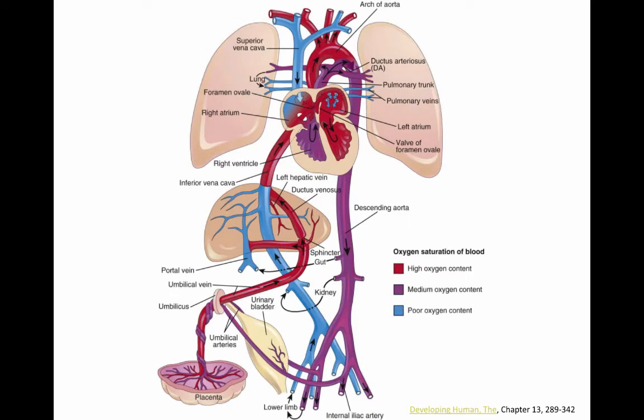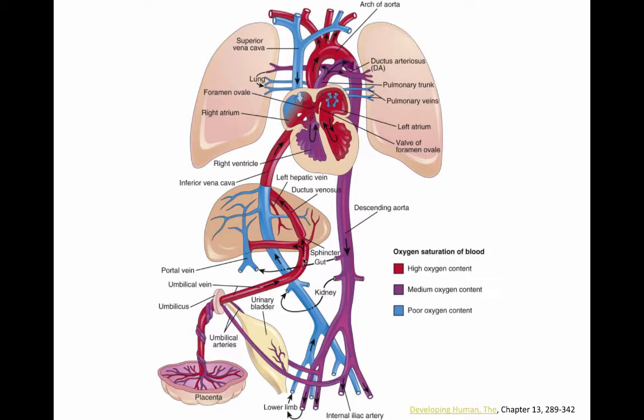umbilical arteries. As we look at this, here's the umbilical arteries. Here it'll go back to the placenta, pick up oxygen from our blood exchange from the mother. And so now we have this highly oxygen content coming back through the umbilical vein.